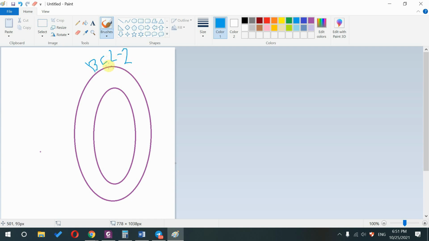BCL2, and these are the guards of the cell. They are against destruction. So they must be good, yeah? Not always. This BCL2 prevents the apoptosis process from happening. How? By protecting the mitochondria of the cell. What is their enemy?